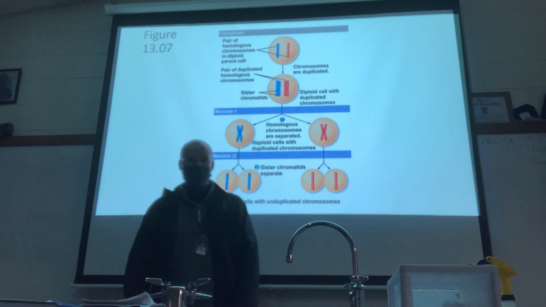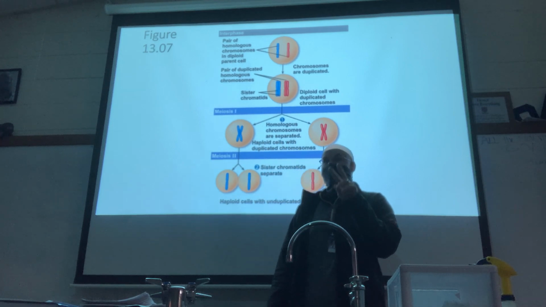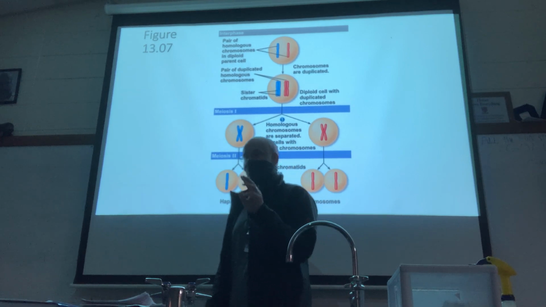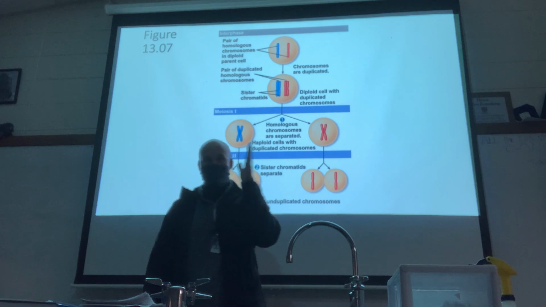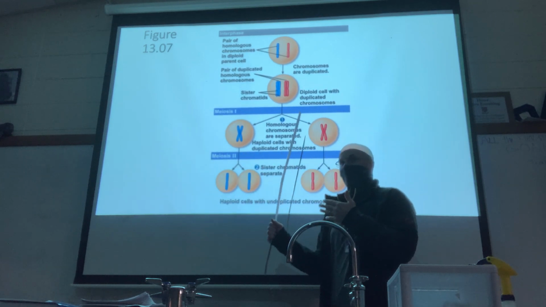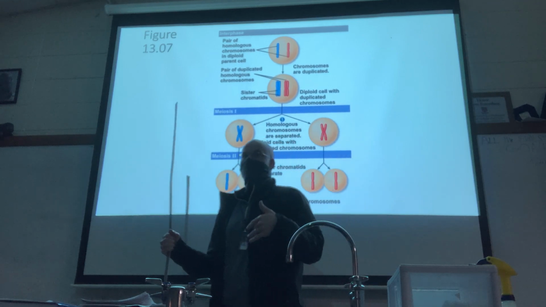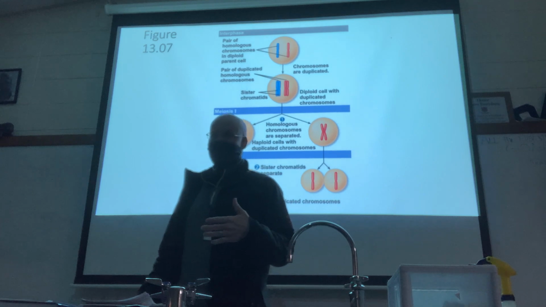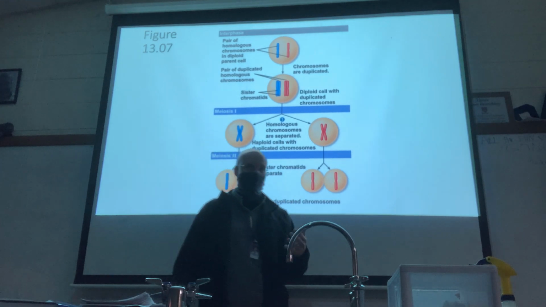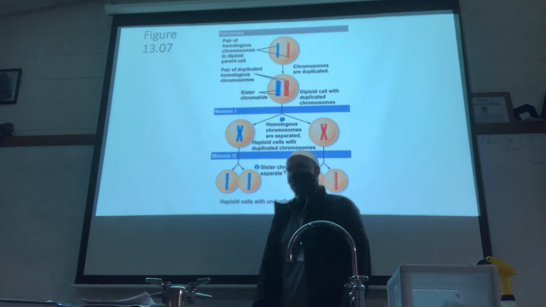Now, this unit is about sex and genetics. And to make the connection between sexual reproduction and genetics, you have to address how we make sperm and egg cells, which are called gametes. We talked about a little bit of this last time, and your reading went into this, and we'll go into this tonight.